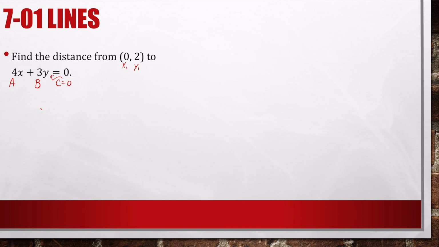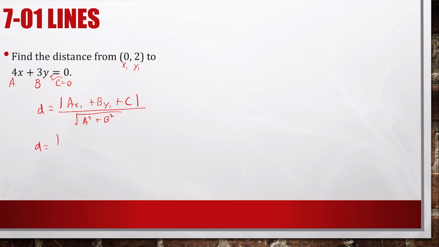Our formula was D equals the absolute value of Ax1 plus By1 plus C, so that's our line where we've plugged in our point, over the square root of a squared plus b squared.